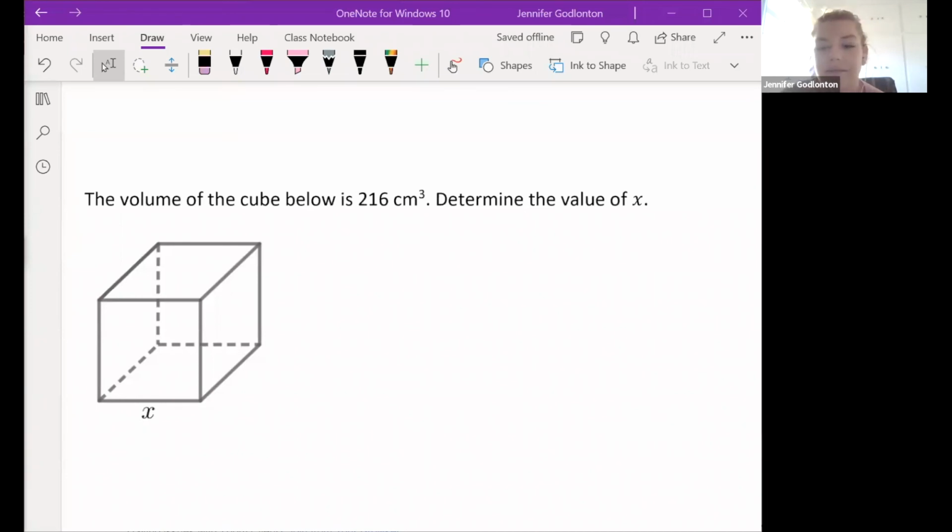Don't panic. Think about what shape they've given you. Think about what that means. And then on Thursday, we're going to look at these same shapes, but we're going to look at the surface area of them.